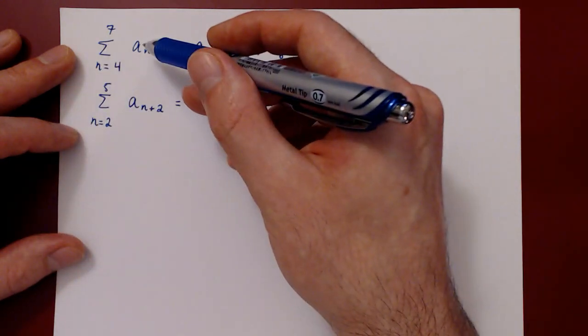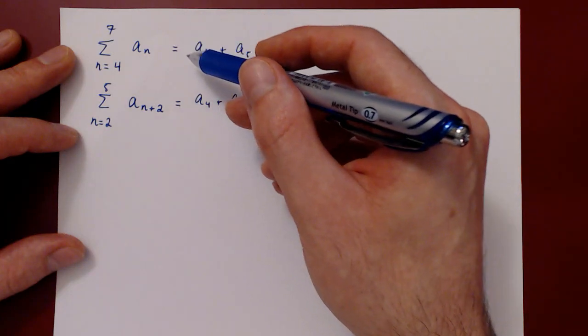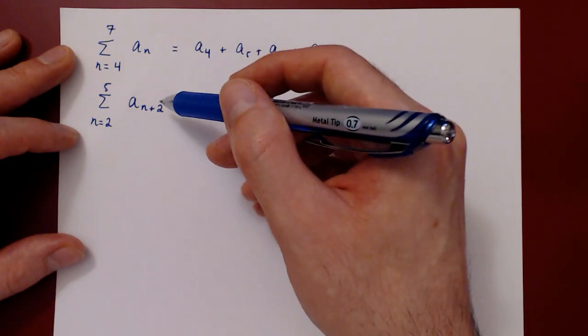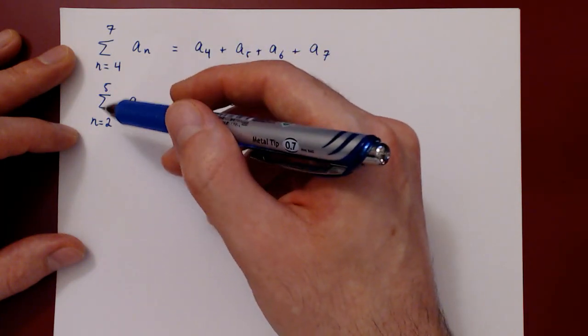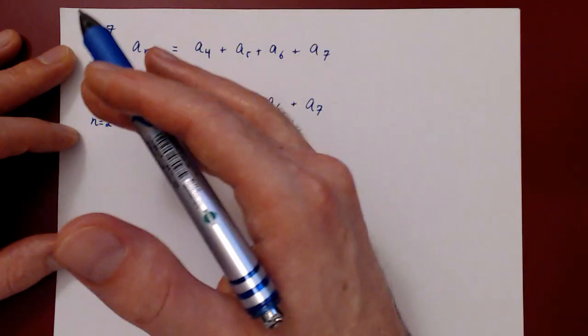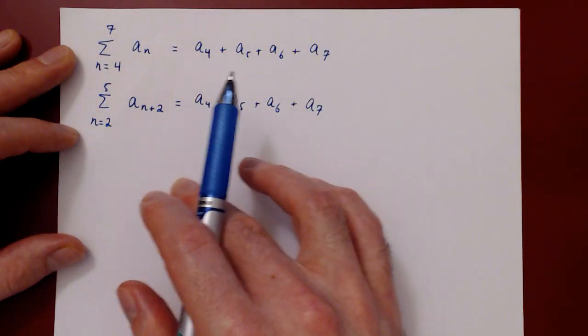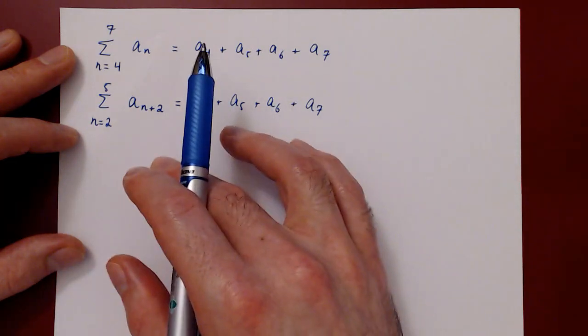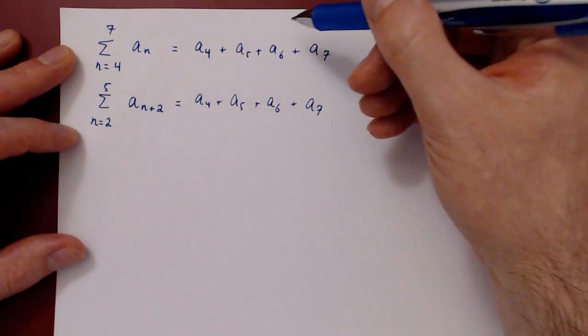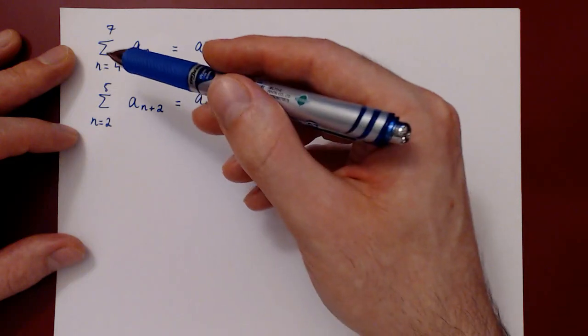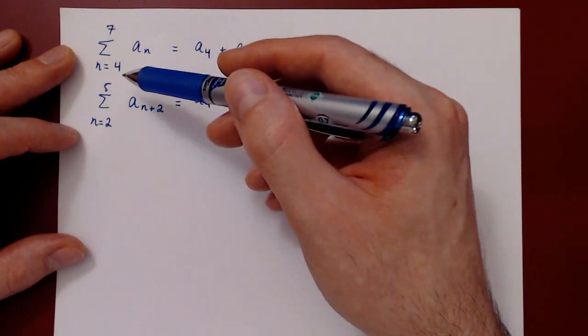So since we increased the index of the sequence by 2, to cancel this increase, we should decrease the bounds of summation by 2 to offset this translation. Translate 2 to the right, then 2 to the left, you're back to where you started, and you should get the same summation.